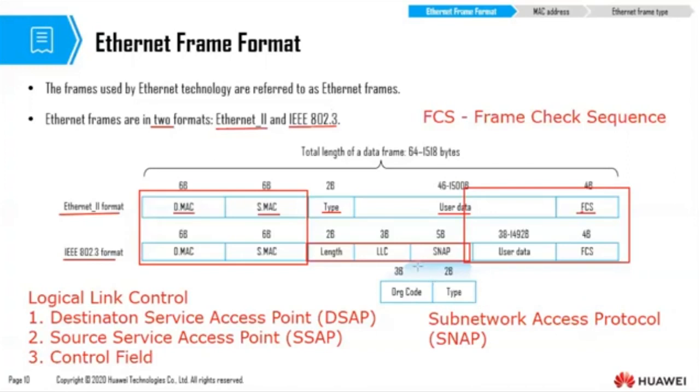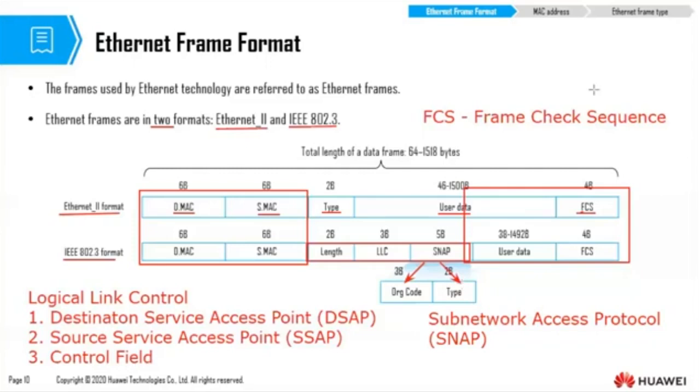The first one is the organizational code. Normally it's filled with all zeros. Then we have the type field. Again, this one performs the same function as the Ethernet 2 frame type field. So that is really it.